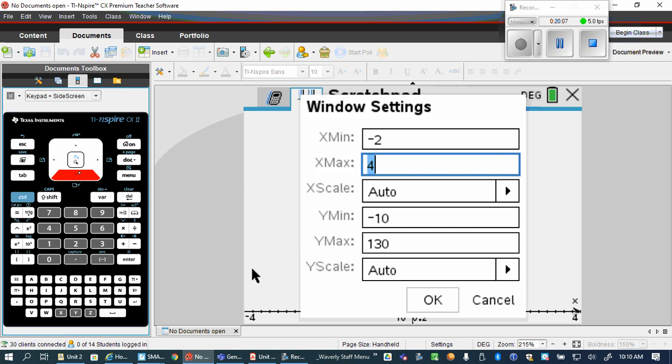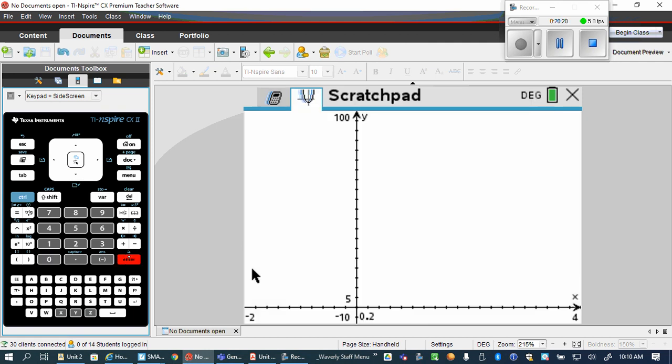And then from -10 to 100. Oh, it is, okay. Now I'll put in 54, and remember, it's 54 parentheses 1 divided by 3, get outside the parentheses, to the x power.